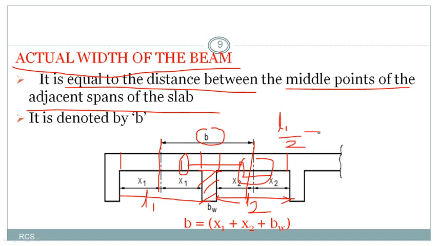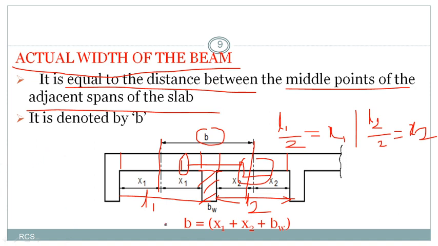I am indicating that with x1. Right? x1 is the middle point of the left hand span with respect to the web. Similarly, calculate the middle of the right hand span, that is L2 by 2, equal to x2.